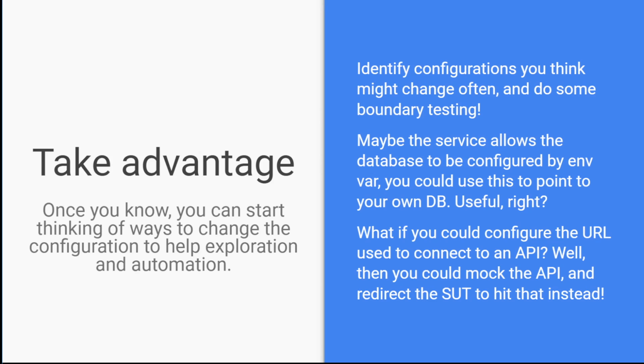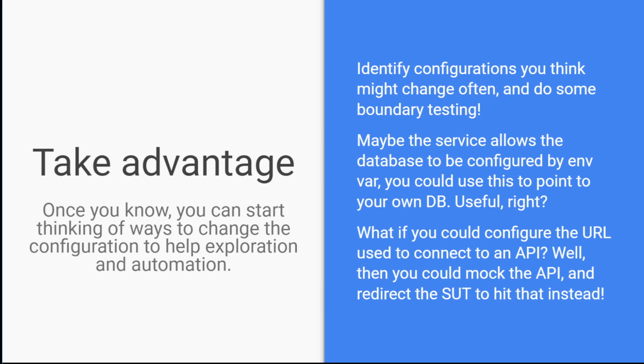One of the ways you can use these is to help exploration or for automation. For example, you could identify some kind of variable that's being passed into your system by environment variables and think about boundary conditions on these variables being passed in. Or maybe your service allows you to configure a database.